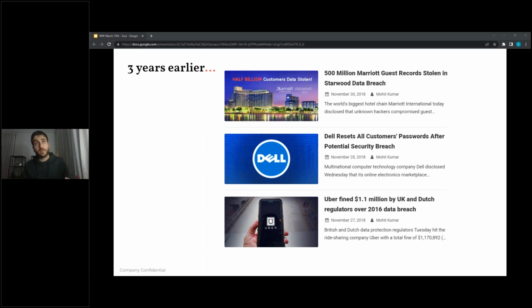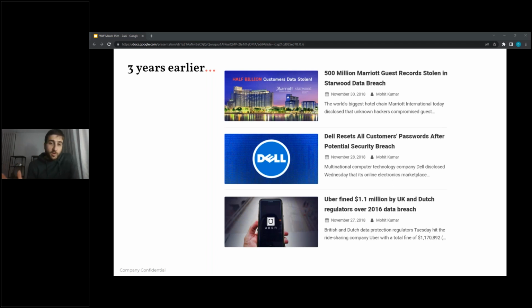It was believed at the time that the attacker lived in Starwood for quite some time, and when the acquisition happened, they gained access to the entire Marriott infrastructure. So this was a big headline. You can see "customer data stolen," exclamation mark. It was big at the time, in I think all the big newspapers around the world.